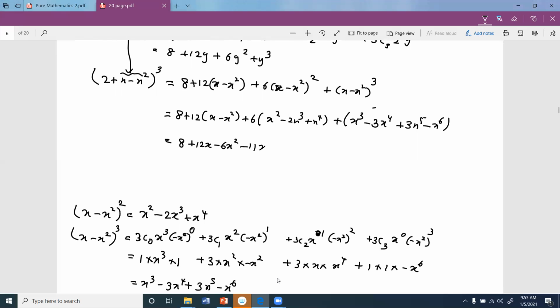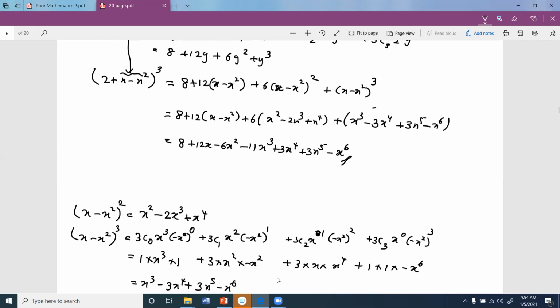Then power 4 terms: 6 plus minus 3 is 3, so 3x to the power 4. Then power 5 terms are over here, the only terms available: 3x to the power 5 minus x to the power 6.